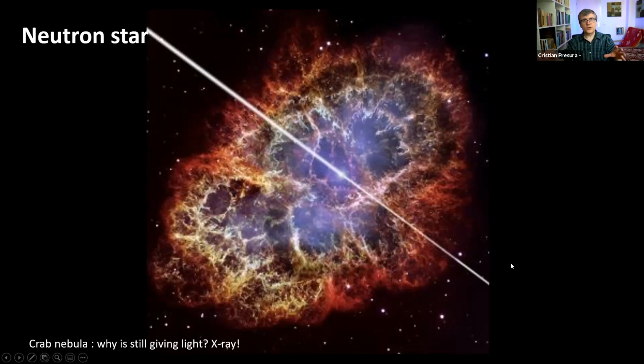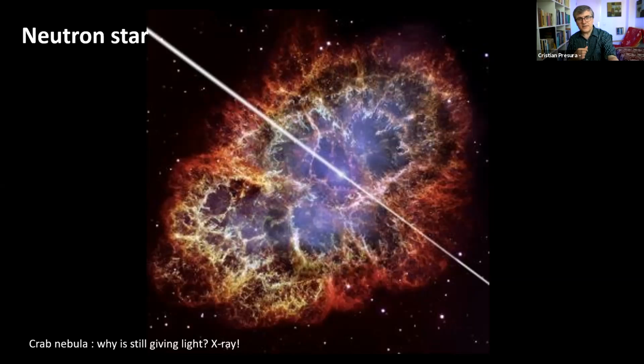And this is what we see with the telescope. This is what is called the Crab Nebula. And inside the Crab Nebula, there's a neutron star. As I told you, at the end of the day, the neutrons come very, very close together, the outer layers go away, and you are left with a star made of neutrons, and we call that a neutron star.